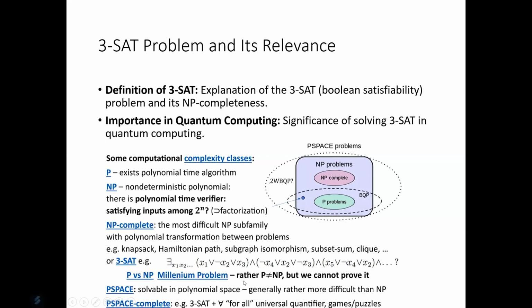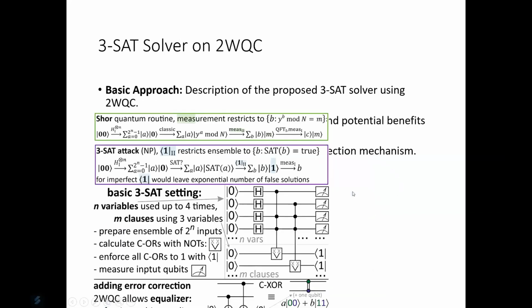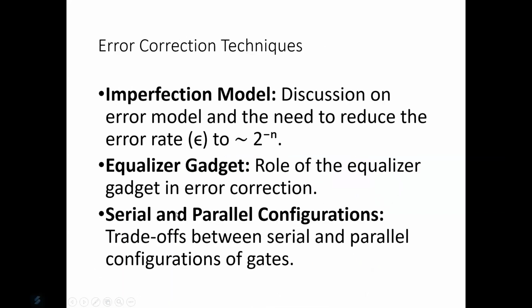PSPACE is solvable in polynomial space, and PSPACE-complete is, for example, reset for all universal quantifier games or puzzles. So this is the setup which we have already discussed, the basic reset setting. It has been published on arXiv.